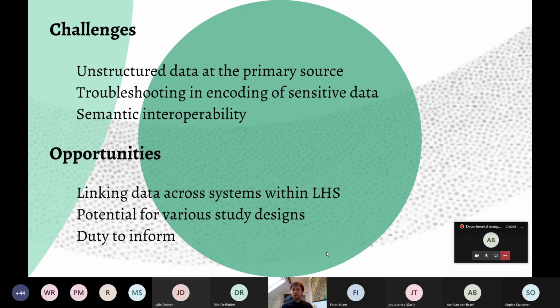But how can we ensure that the maximal amount of unstructured data can find its way into structured entities? And I think natural language processing certainly has some opportunities there, and there are certainly other opportunities in data communication between healthcare providers to improve the structured data at the primary source.